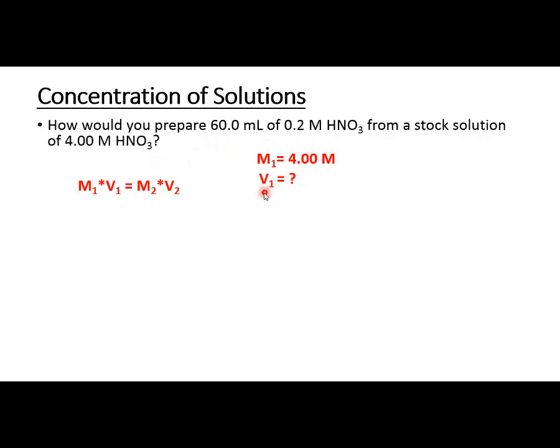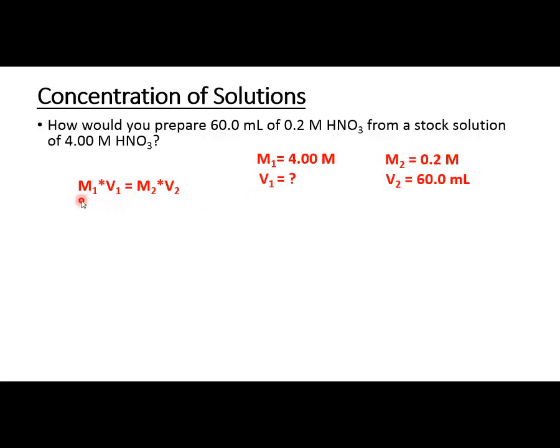So that's what I'm going to solve for, V1, algebraically. My final molarity for this calculation is 0.2 molarity of the nitric acid. My final volume, I was told I want to prepare 60 milliliters of the solution. Now that I've defined all of my variables, to make sure I'm not mixing any of them up, I'm going to go ahead and solve for the unknown variable, volume 1.